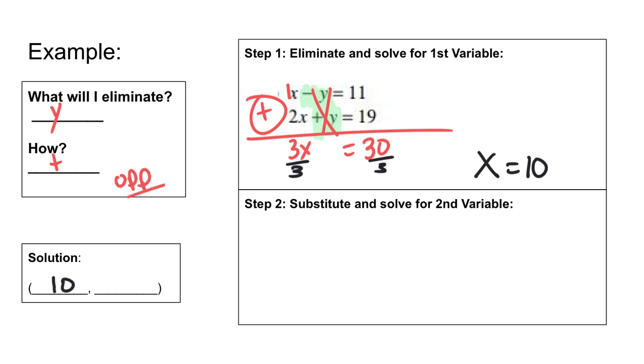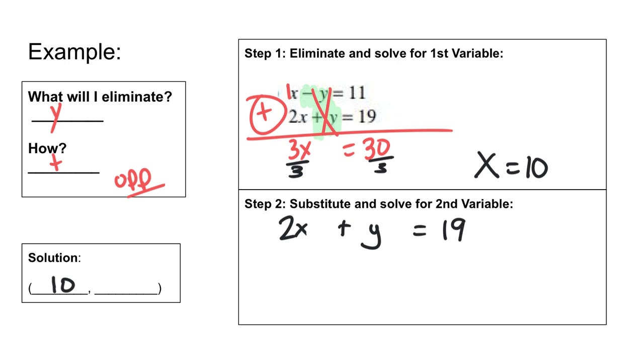All right, so now let's see what we get for y. Again, you're picking one of the two original equations. It does not matter which one you choose. And you're plugging the 10 in for x and solving for y. I'm going to just use the bottom one. So 2x plus y equals 19. Again, x is 10.